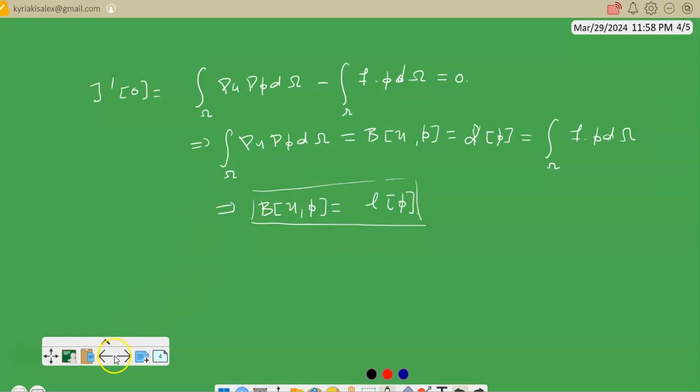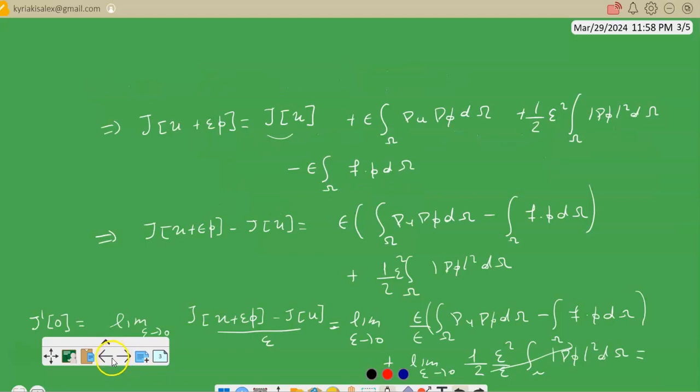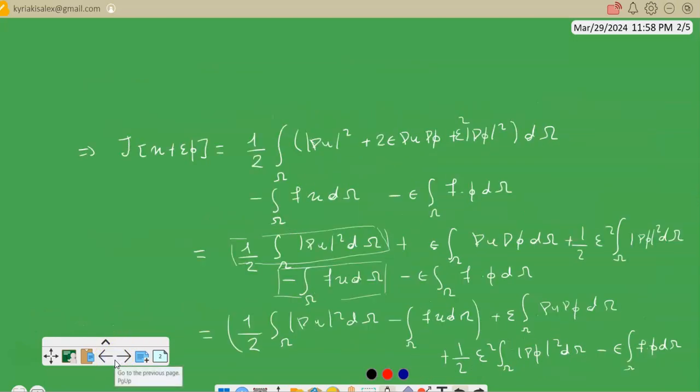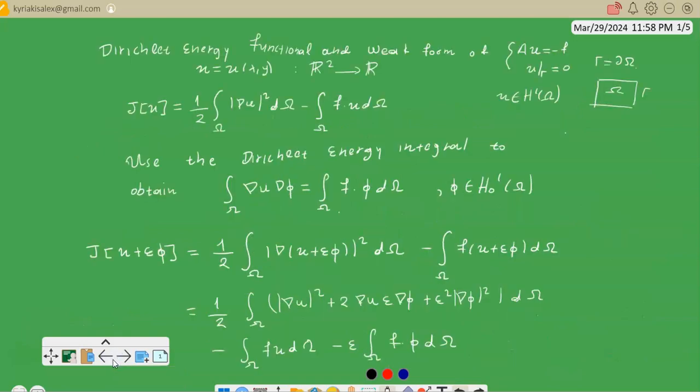So what I have seen in this video is that I can go from the Dirichlet energy functional to the weak formulation. The weak solution of this problem minimizes this functional, and from this functional, by taking appropriate steps, I can obtain the variational formulation for the Poisson problem.